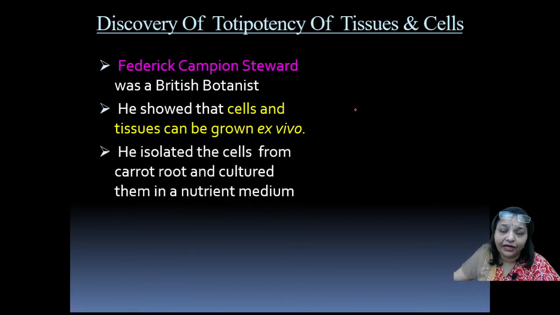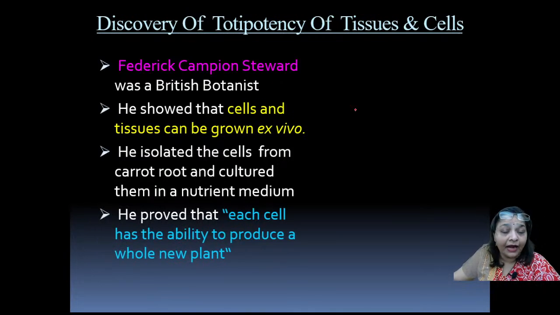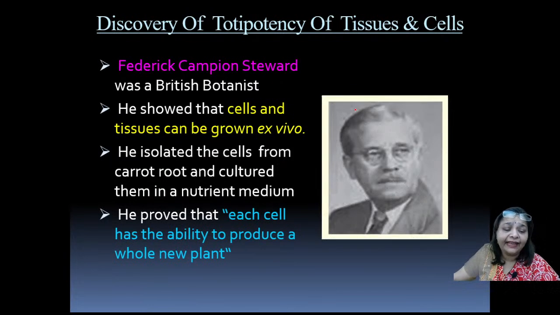He isolated cells from carrot root and cultured them in a nutrient medium, and proved that each cell has the ability to produce a whole new plant. So he is the person behind this miracle, isn't it? The discovery of the totipotency of tissues and cells was made by Frederick Campion Steward.